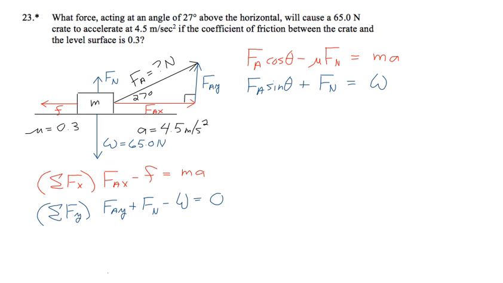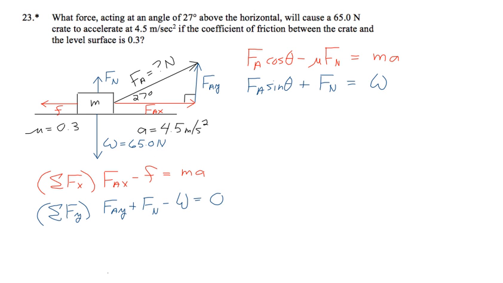Now I can either eliminate the F_A or eliminate the F_N by substitution or by what I used to call simultaneously solving. I think they call it the elimination method now in algebra classes. So I'm going to do it by the, quote, elimination method.